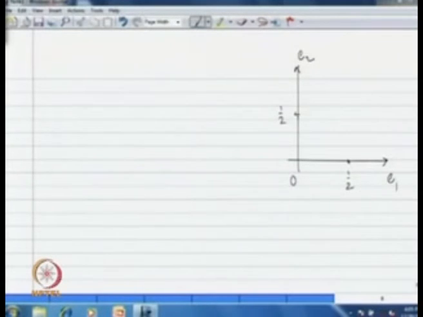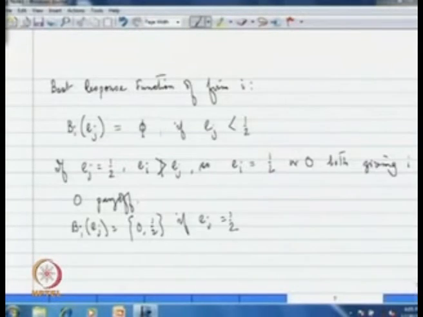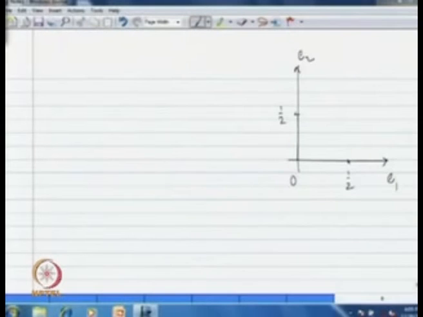So, for this range there is no best response. If E 2 is equal to half, then E 1, the best E 1 could be either 0 or half. So, this is one possibility and this is another possibility. Both are equally good. So, this is B 1.